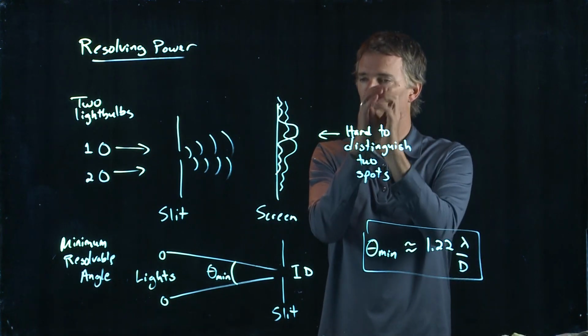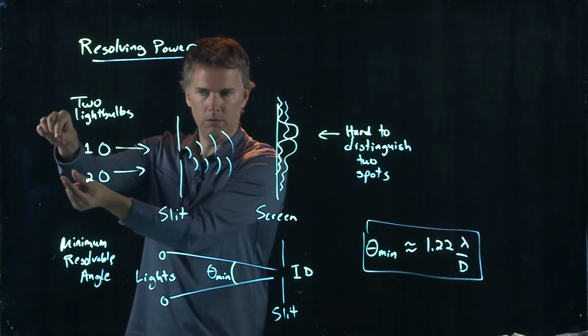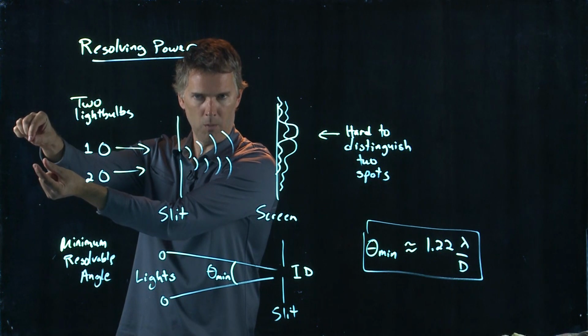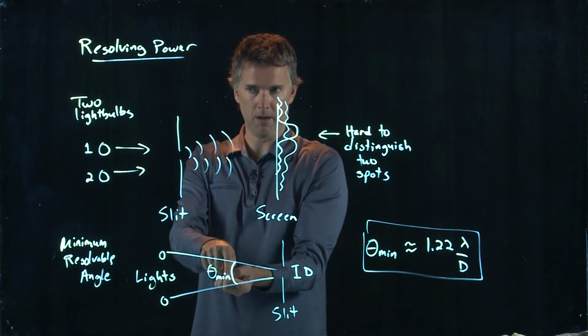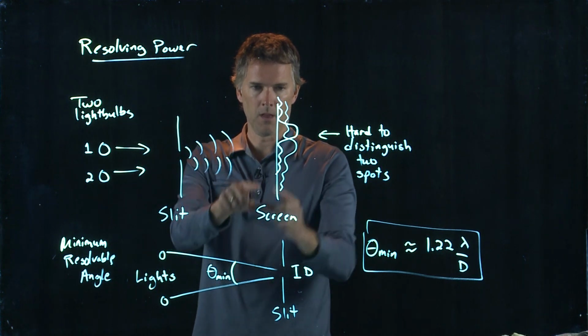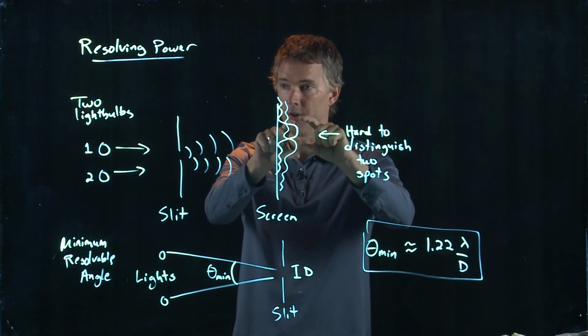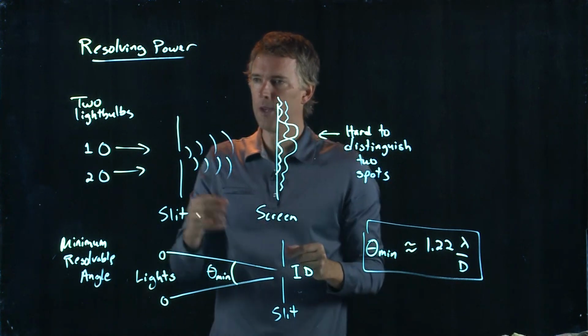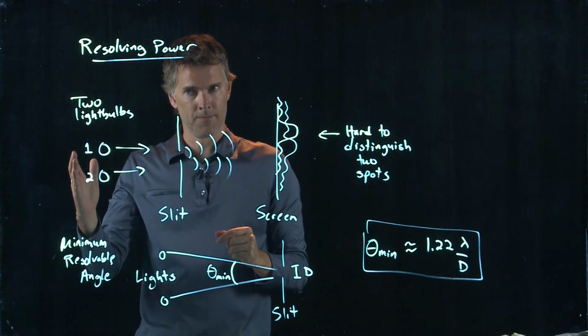It just looks like one light source. And that's because those two light bulbs are so far away that you are under theta minimum. The two diffraction patterns overlap on your eyes, and so you can't tell if it's a motorcycle or a car.